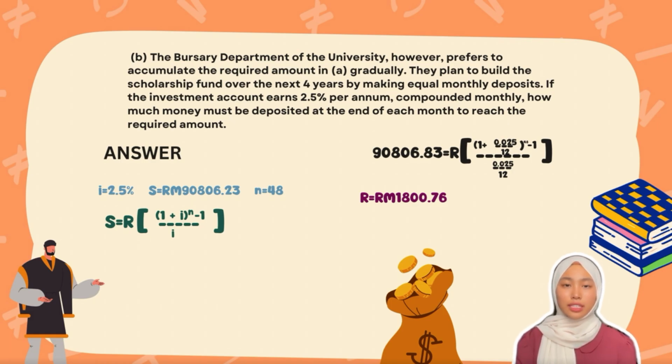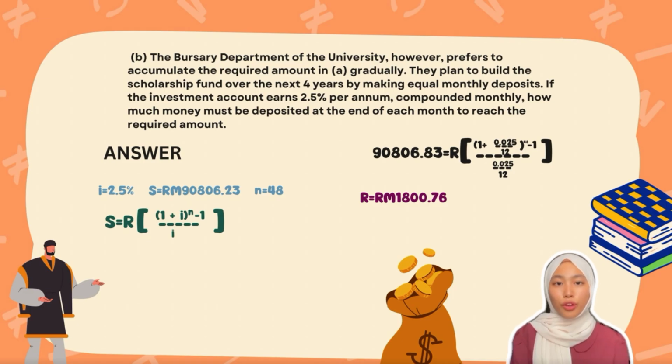Next is I, the rate. They give you 2.5% as the rate, but it will be compounded monthly, so 2.5% needs to be divided by 12. Lastly is the N. As I said, years times how many times you are compounded, so 4 years times 12.